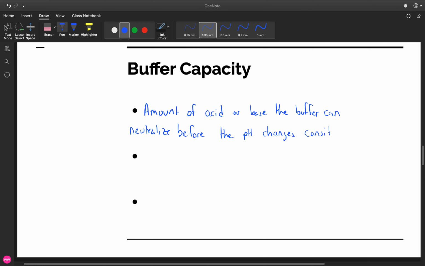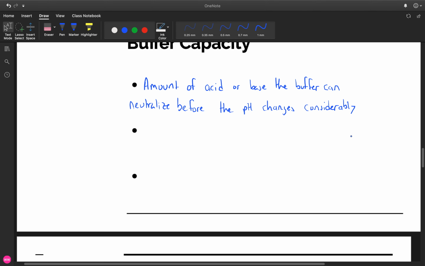And once again, this is basically just saying how good is my buffer. The higher the concentration, obviously, of the weak acid and the conjugate, the higher the buffer capacity. The higher the concentration of the substances within the buffer, the better the buffer is.